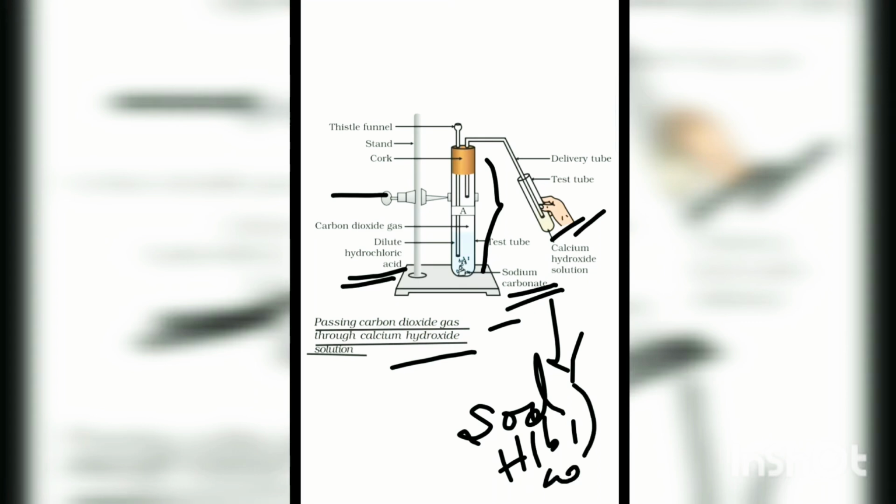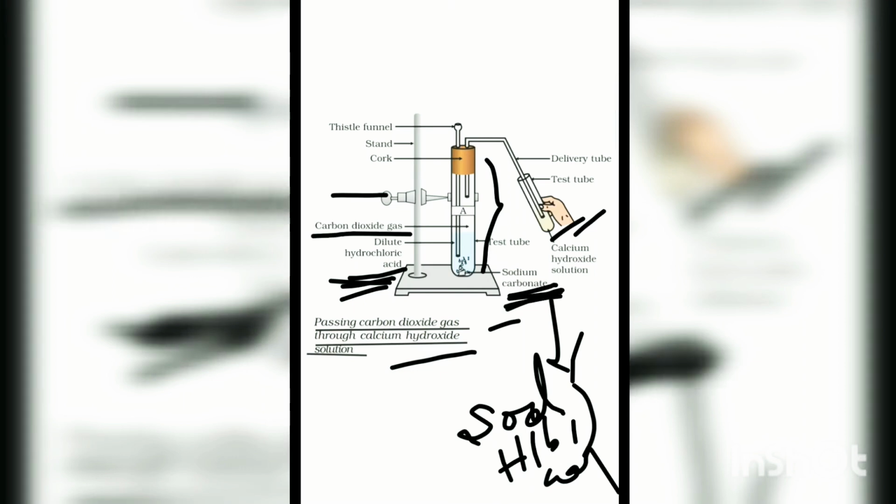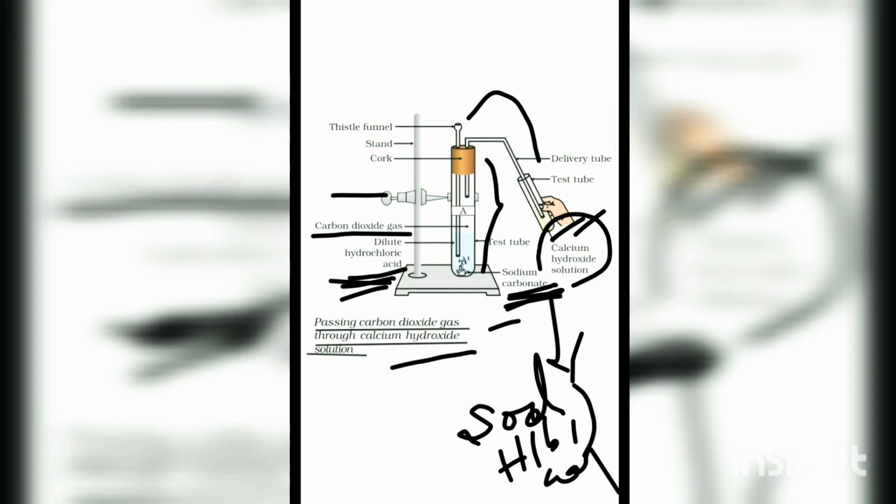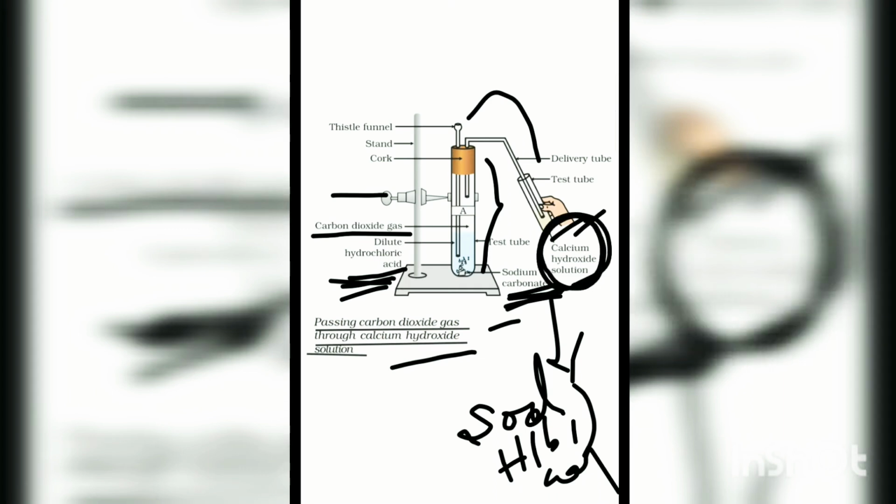When these two are treated together, the hydrochloric acid and sodium carbonate, the gas which is liberated is nothing but carbon dioxide gas. That is again treated with calcium hydroxide solution. This is lime water. It will turn the solution into a milky white precipitate.